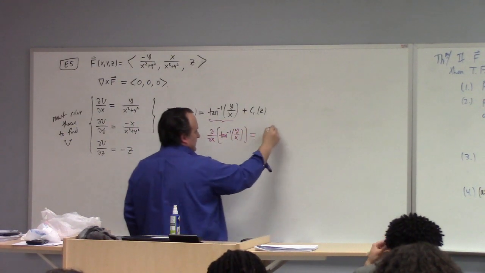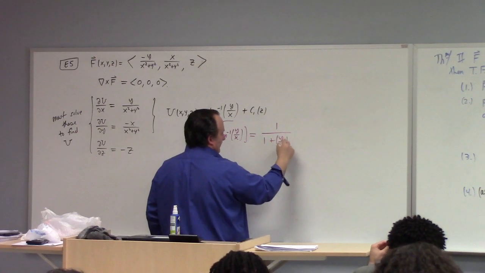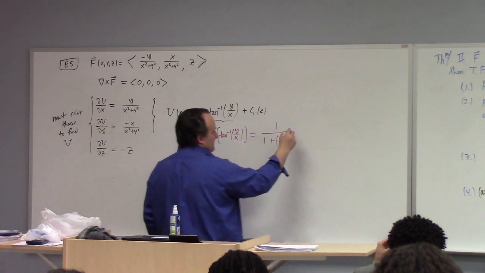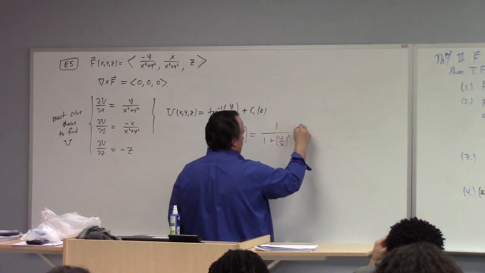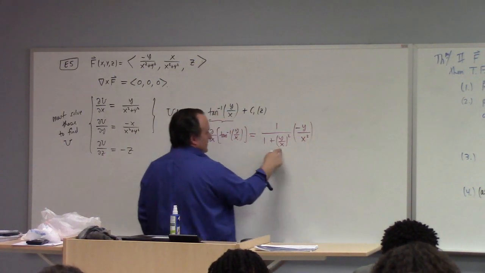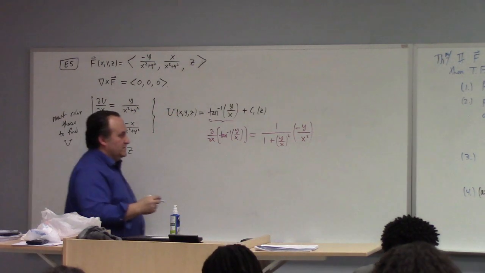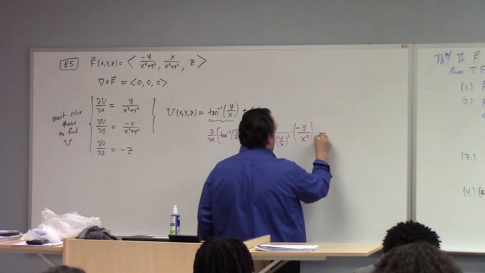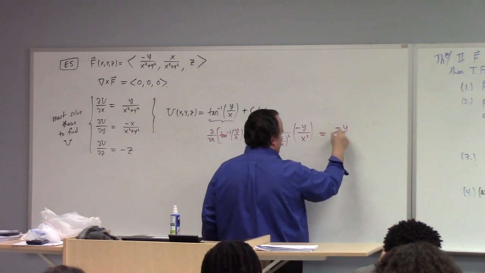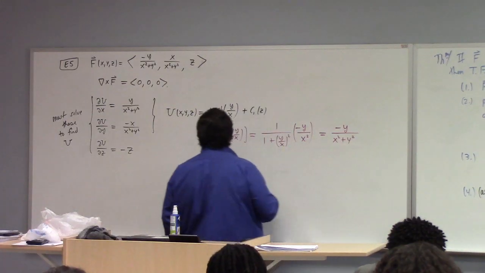The derivative of inverse tangent is what? 1 over 1 plus the thing squared, right? Chain rule. So I have to multiply by minus y over x squared. That's the derivative of y over x with respect to x. Lo and behold, I do believe we have a minus y over x squared plus y squared, which is good.